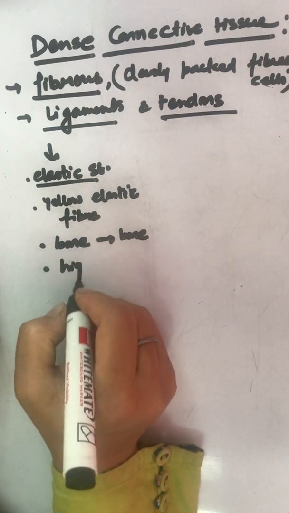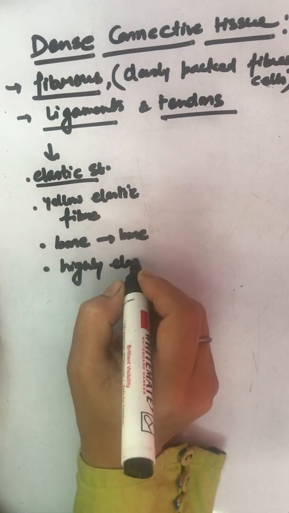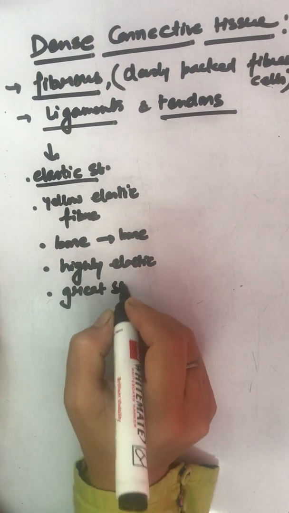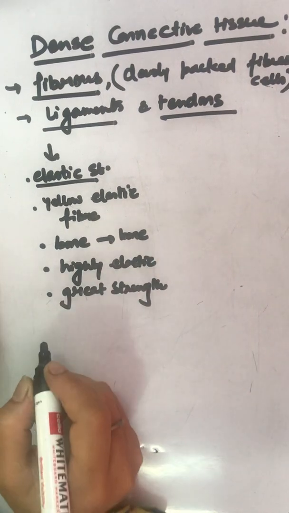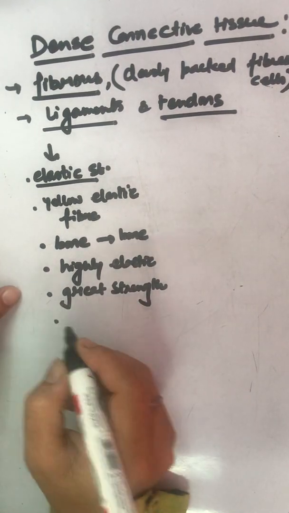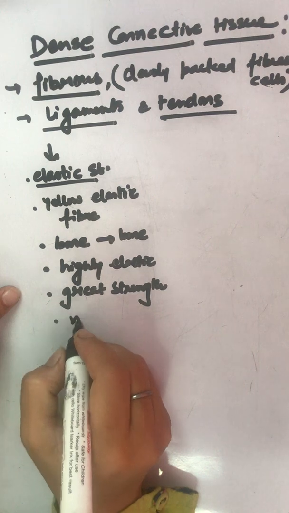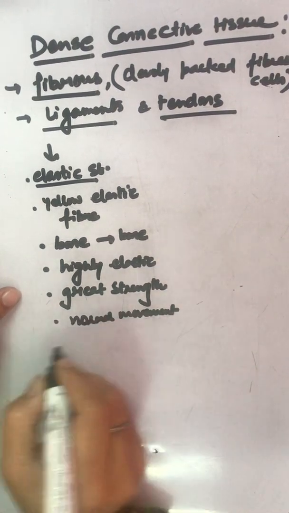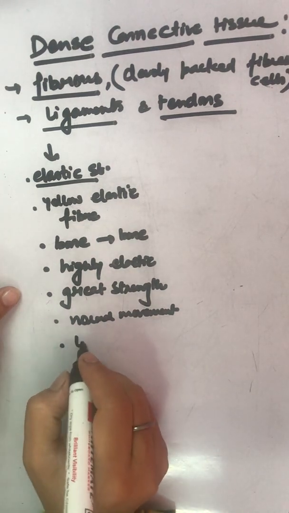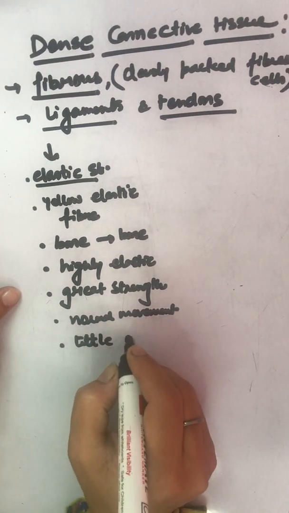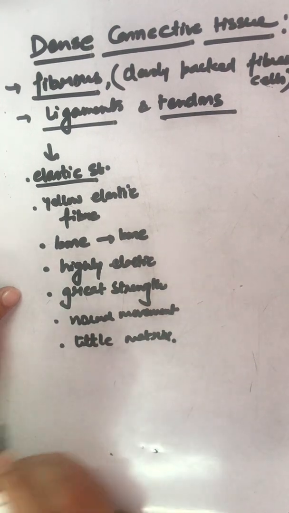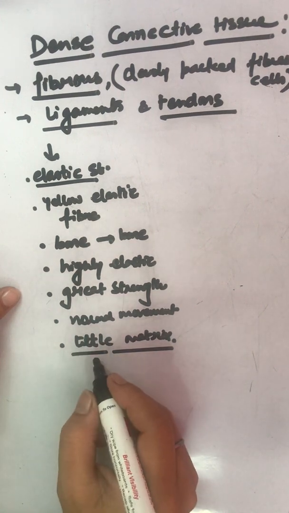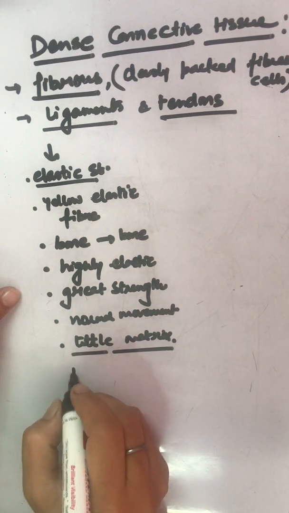It is highly elastic, provides great strength, and permits normal movement. But it has little matrix, so because it permits normal movement, it prevents overextension.